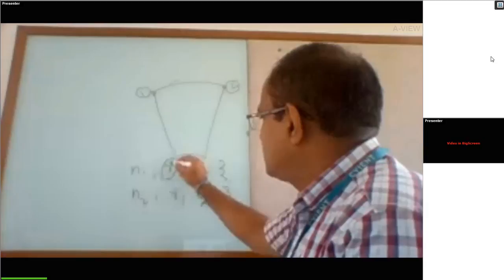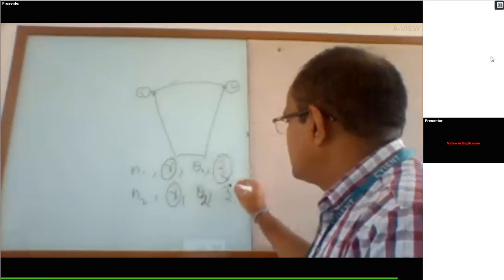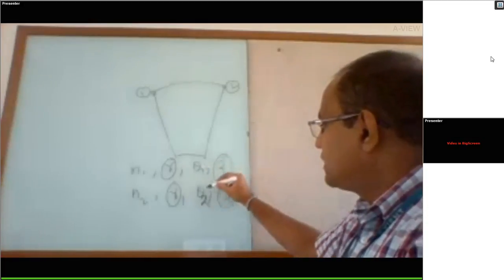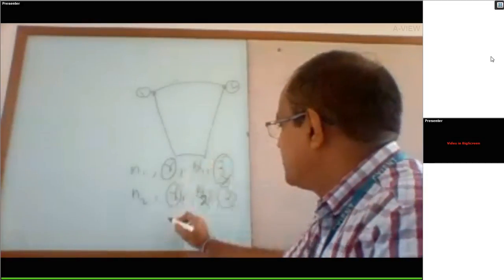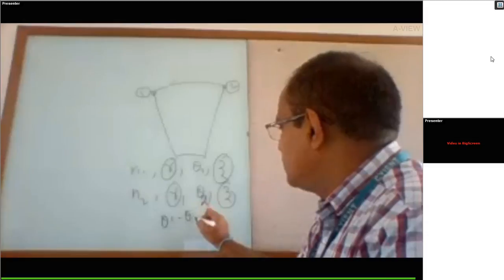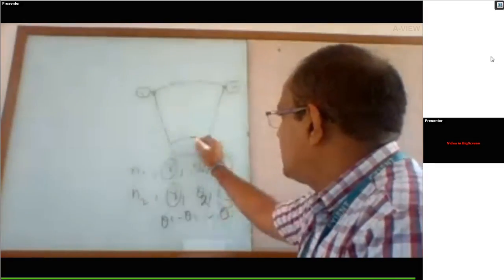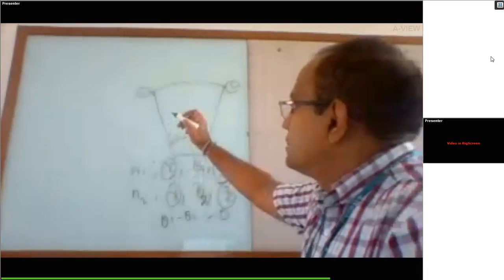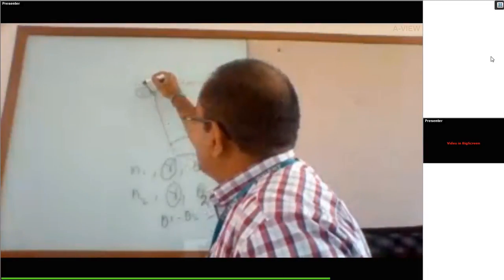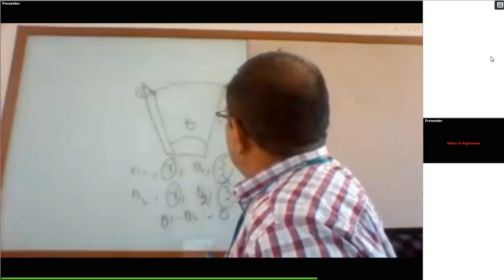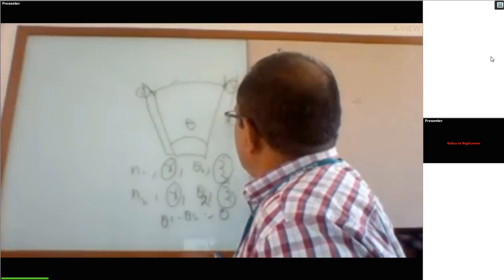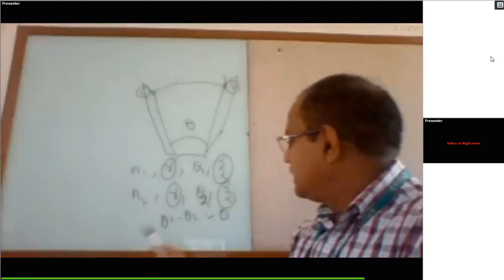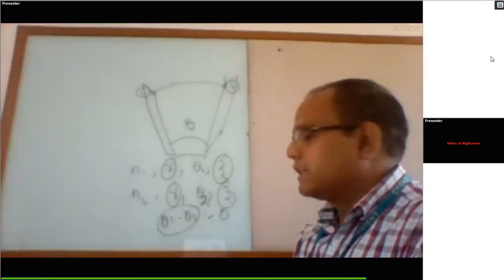So this and this will be the same, and this and this will be the same. Radial location same, z location same, and theta 1, theta 2 should be different. So theta 1 minus theta 2 should give theta, that is the sector angle. So all the nodes at this surface should be the same, only the difference should be theta.